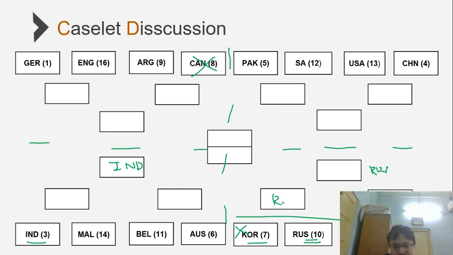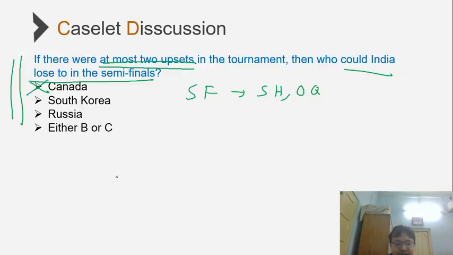First, Russia must beat Korea, which is 1 upset because Korea is the higher ranked team. And the second upset would be Netherlands losing to either Japan or Russia. If Russia has already qualified with 2 upsets in their quadrant, then Russia cannot defeat India.